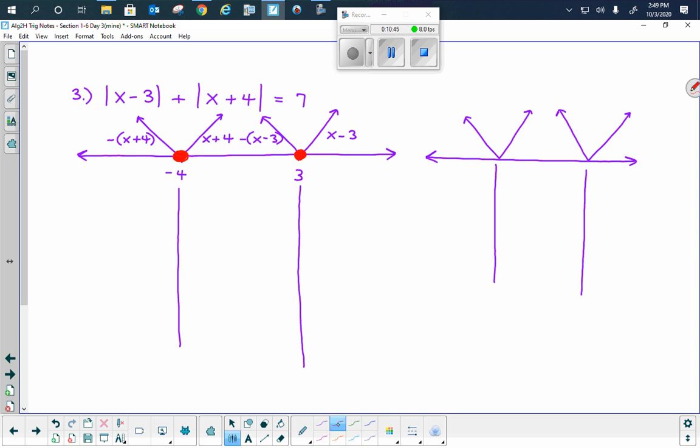On the left-hand side, because we're clear to the left of the number line, in this left-hand region, you will replace the absolute values with what is sitting on the left side of this V and the left side of this V.